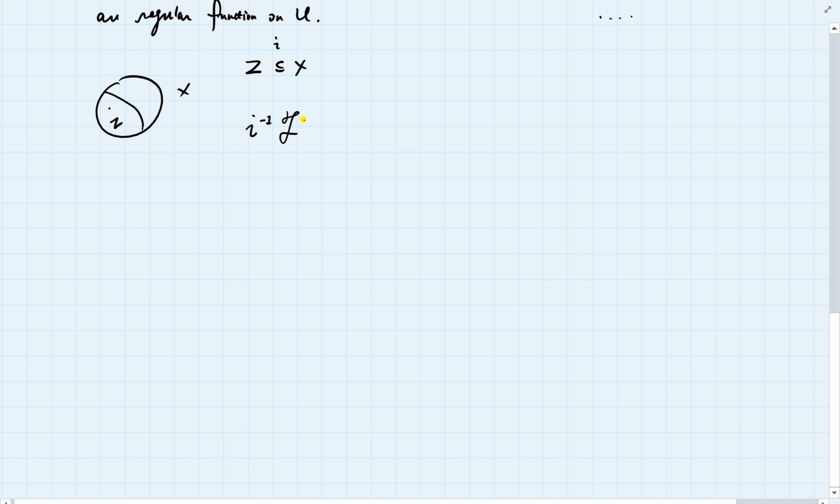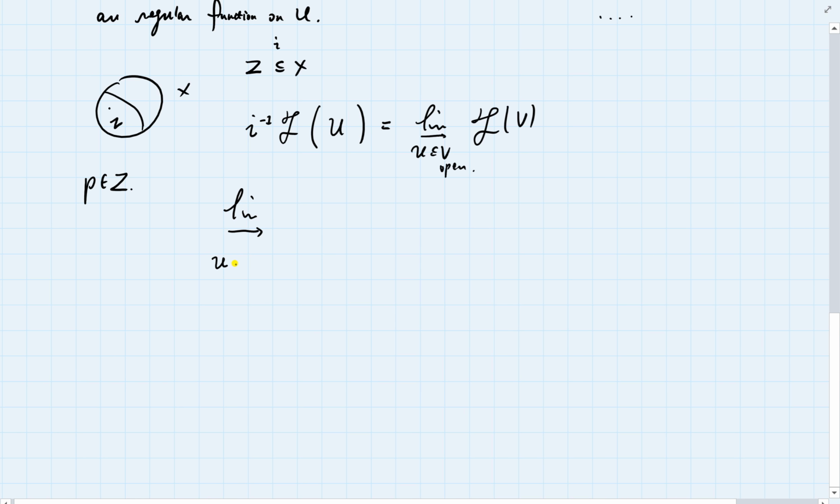So this is the definition. Let's see, what's its stalk? For any point P of Z, the stalk is the direct limit over opens containing P inside Z.